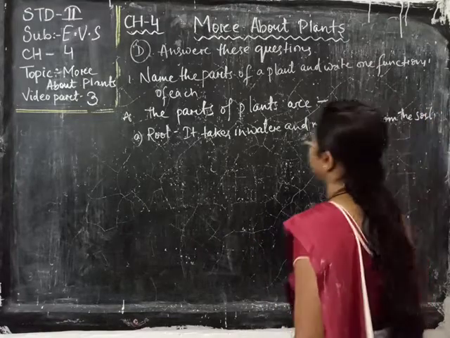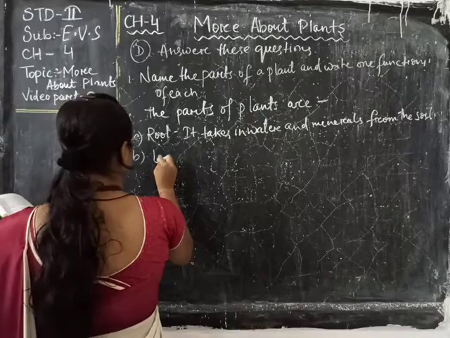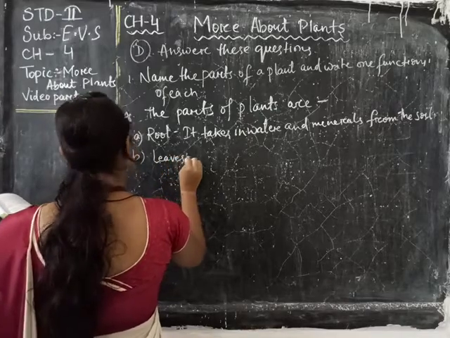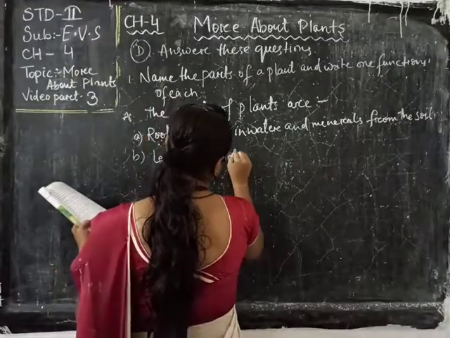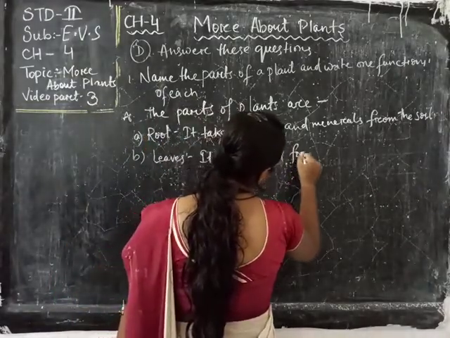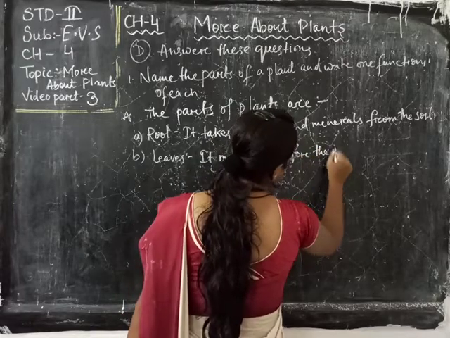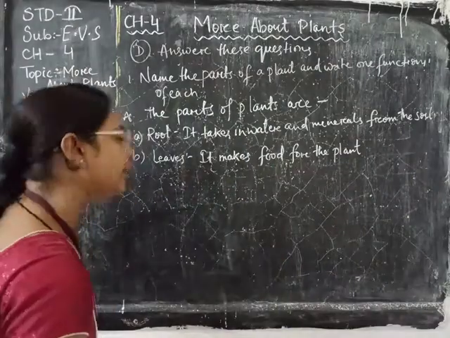Next part you will write leaves. What do leaves do? It prepares food. It makes food for the plant.